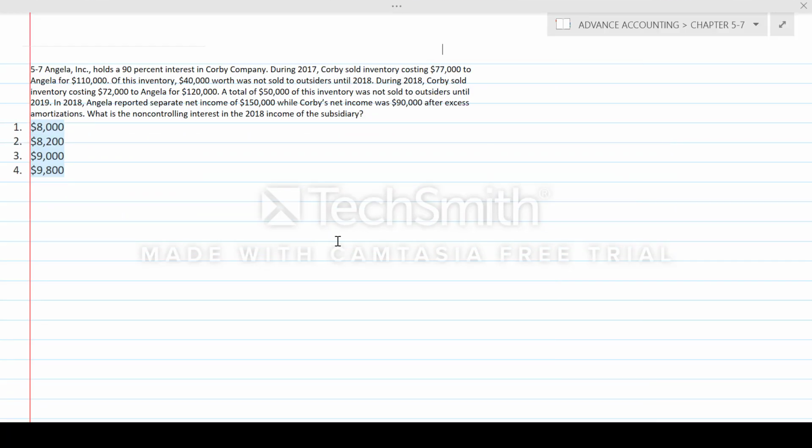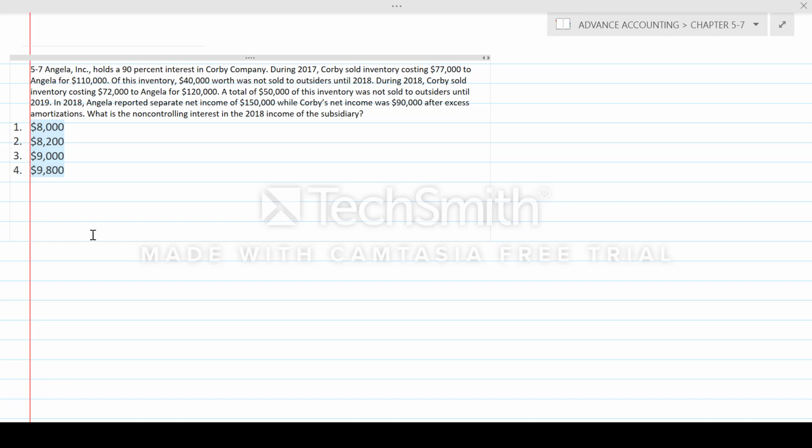So a similar problem is problem 5-7. And here they're asking us, so it says Angela Incorporated holds 90% interest in Corby Company. During 2017, Corby sold inventory costing $77,000 to Angela for $110,000. Of this inventory, $40,000 worth was not sold to outsiders until 2018.